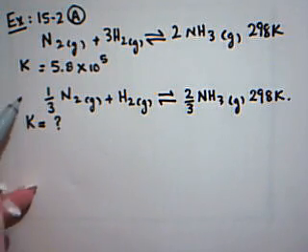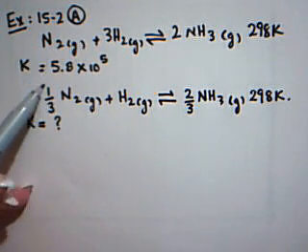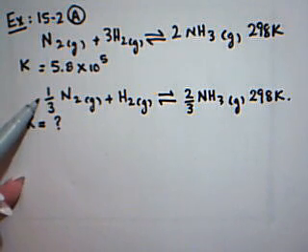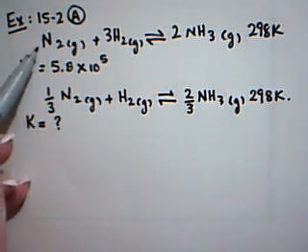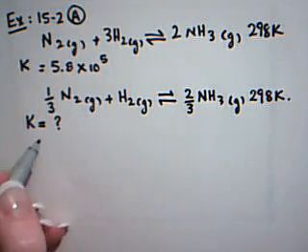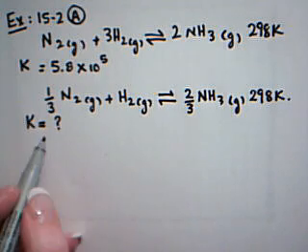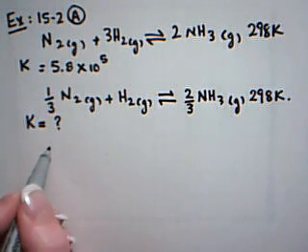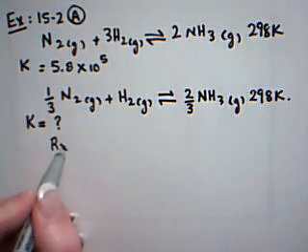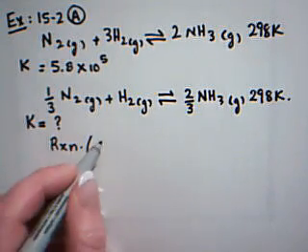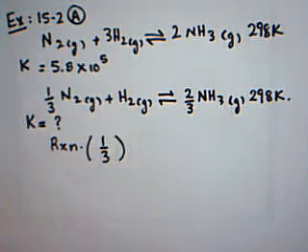And the way we go about this, of course, is to see how the two reactions relate to each other. And so clearly this one here is the top one divided by 3. And so rather than say that it's divided by 3, what we're going to say is that the top reaction was in fact multiplied by a factor of 1/3.